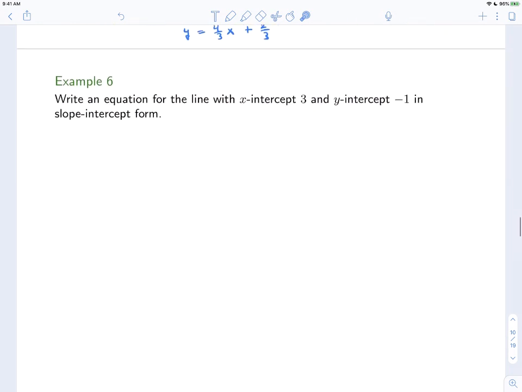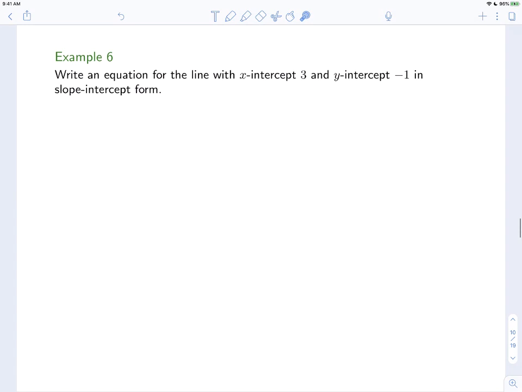So let's do another example. Write an equation for the line with x-intercept 3 and y-intercept -1 in slope-intercept form. So if we were to sketch the graph of this line, let's just draw some xy axes here.